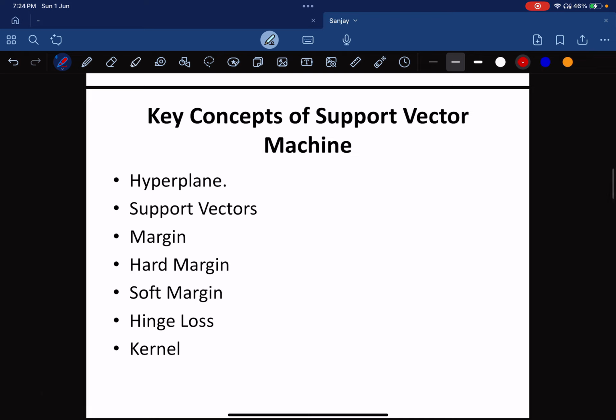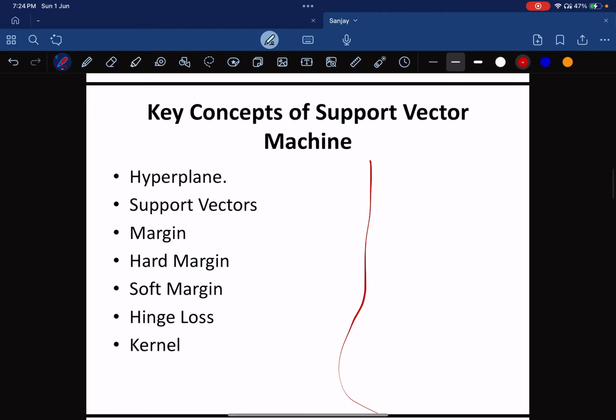Key concepts. The hyperplane is used to separate the classes, so when new data comes, based on the hyperplane, it will separate the data into classes. For example, let's draw a graph.